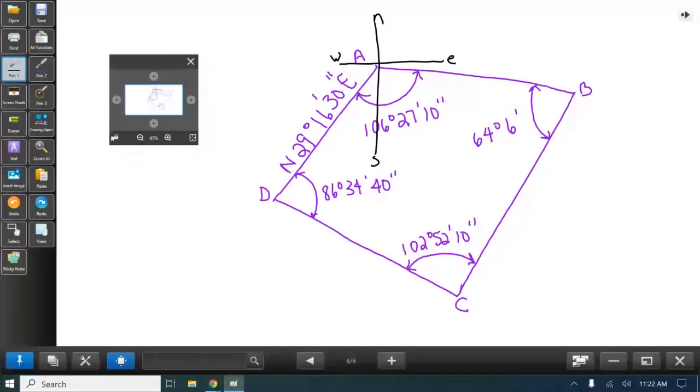Okay, so A to D is in quadrant 3. So the bearing is the angle it makes from the south. So there's your 29 degrees, 16 minutes, 30 seconds.